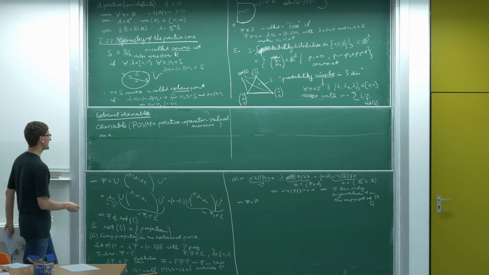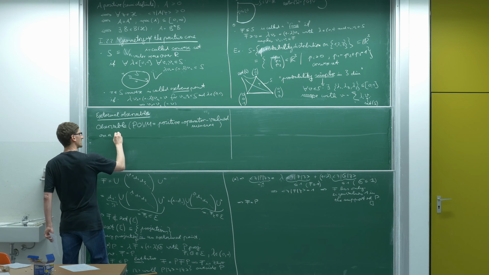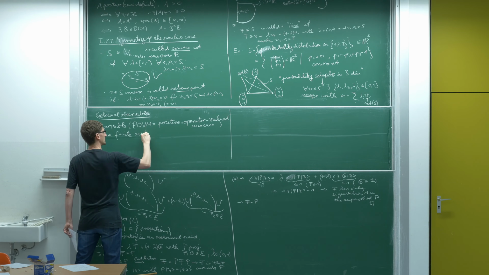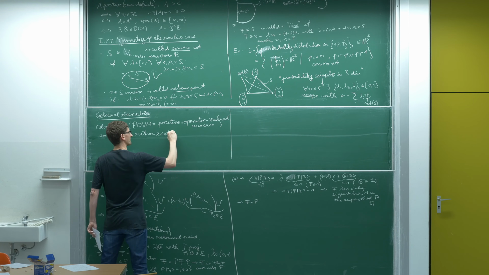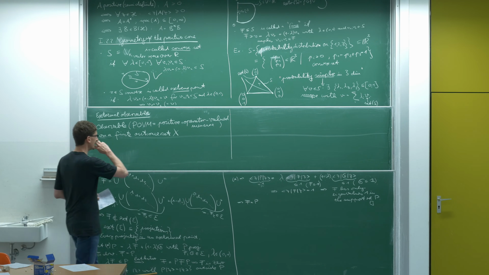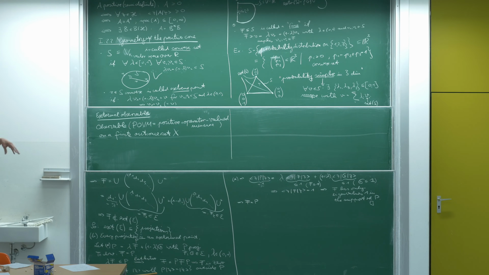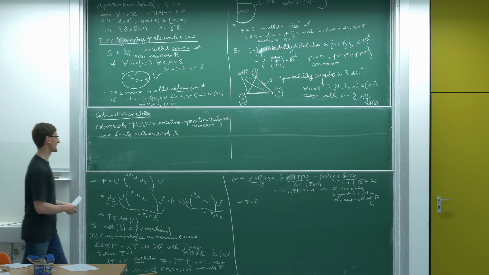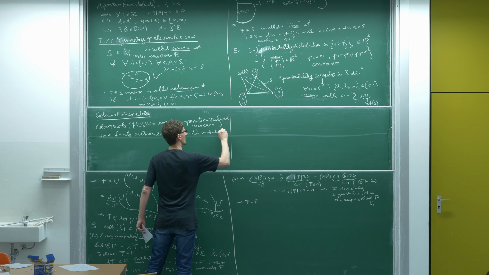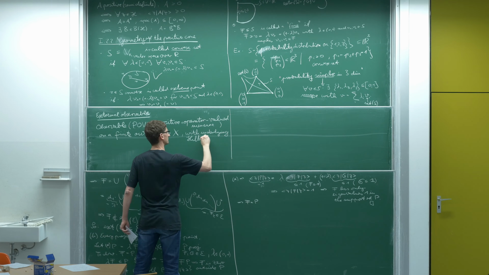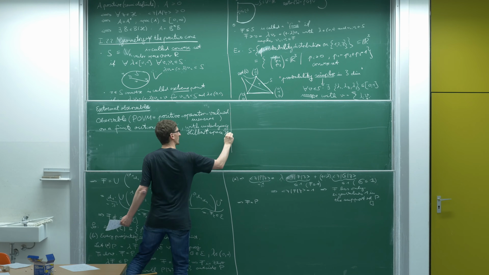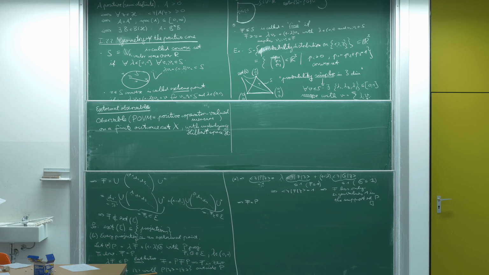This can be defined on a finite outcome set X, and an observable, because it acts on a quantum system, needs to have an underlying Hilbert space H. So what is this? This is just a collection of effect operators.